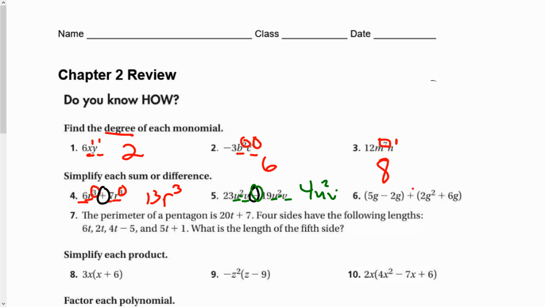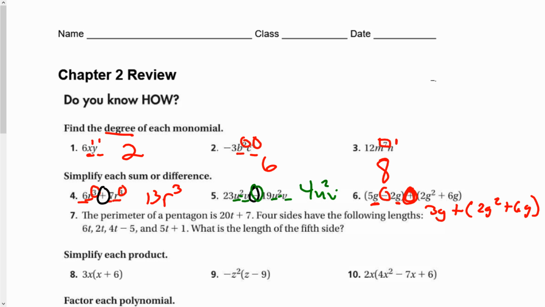Okay, the last one here for number 6, for simplifying sum and difference. I am adding. So here's a G. Hey, here's a G. So can I combine those first before I add over here? Yeah, so I can take 5G minus 2G. G's are the same. So I have 5 minus 2, which is 3, so I have 3G. Then I have this plus 2G squared plus 6G.